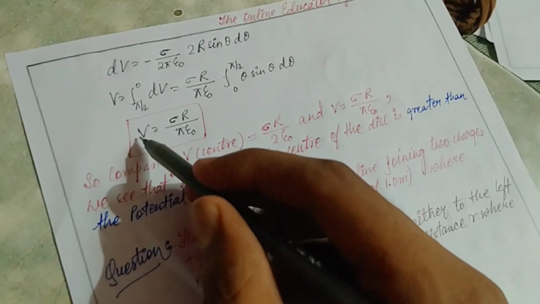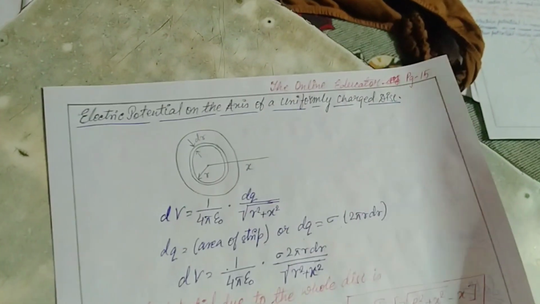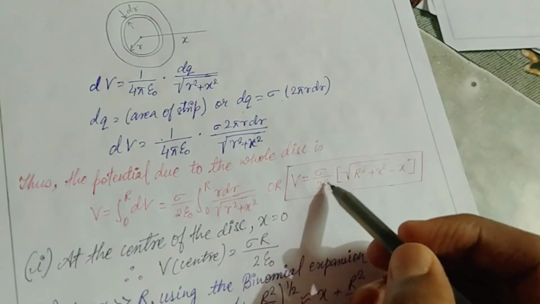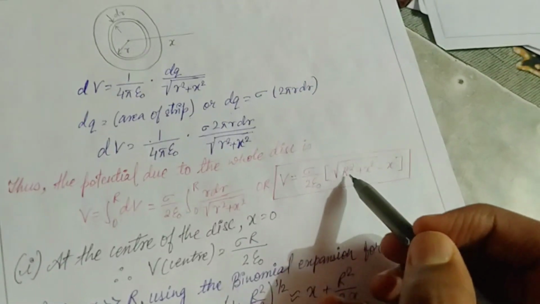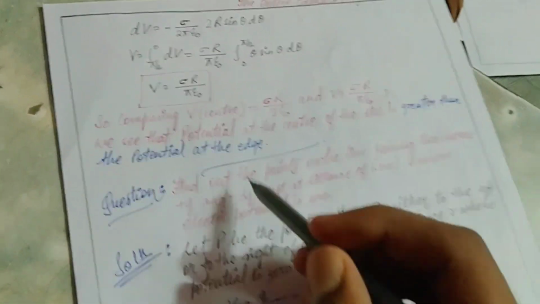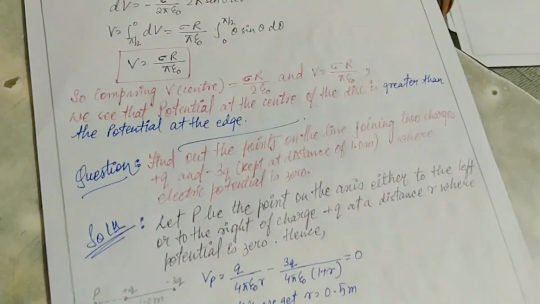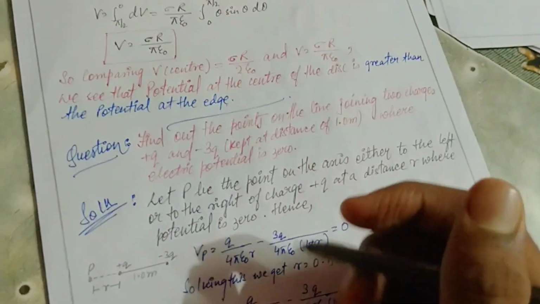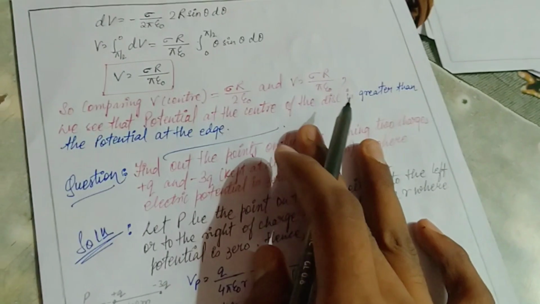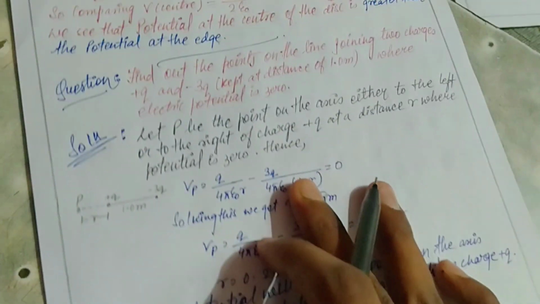Here we get the edge potential as sigma R by pi epsilon naught, and the electric potential of the uniform disk is V equal to sigma by 2 epsilon naught times the square root of R square plus x square, minus x. So we compared and found that the electric potential at the center is maximum. Okay, please remember the formulas. I'll be making a formulas chart list, don't worry about it. But still, looking at the notes, try to learn the formulas.